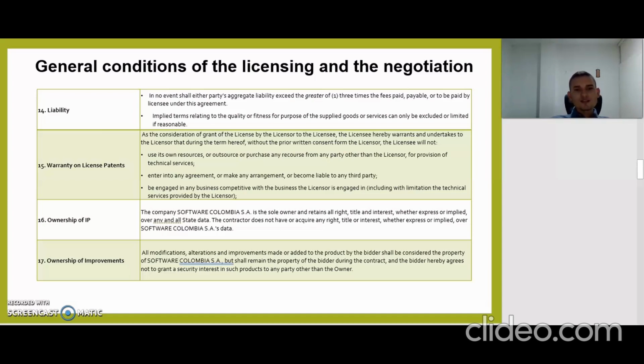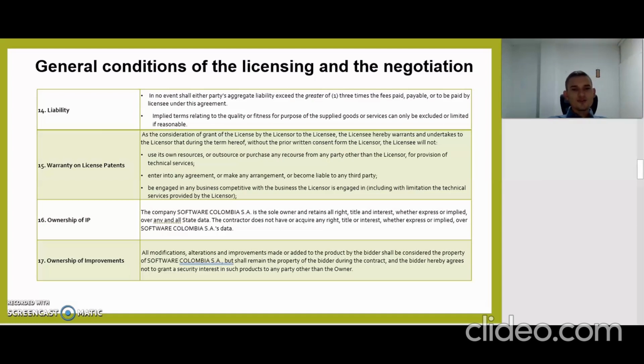And warranty on license, patents and use is on resource or outsource or purchase, any recourse for any part other than the licensor provision of technical service. Entered into any agreement or made any agreement or become liable to any third party.